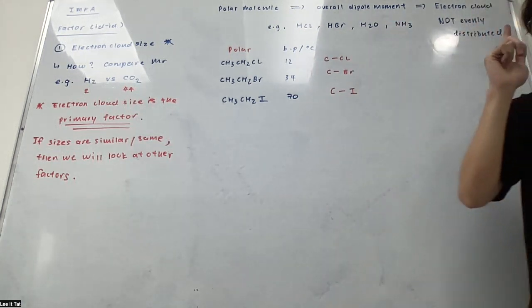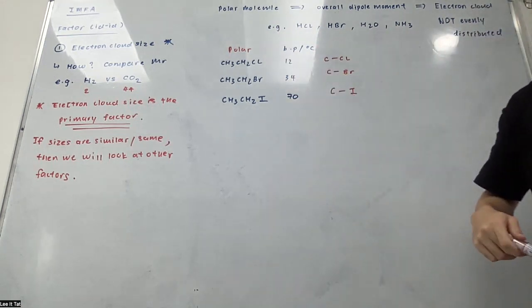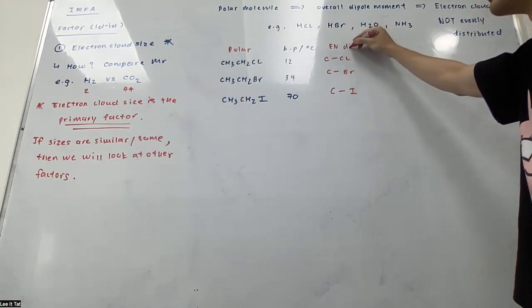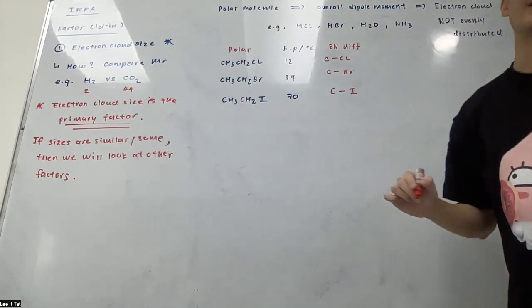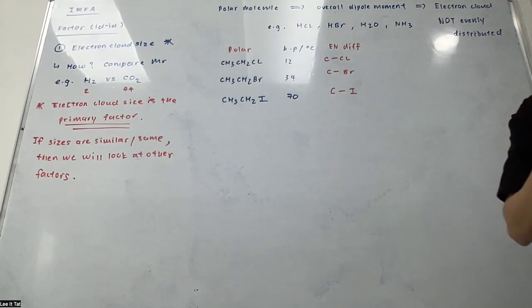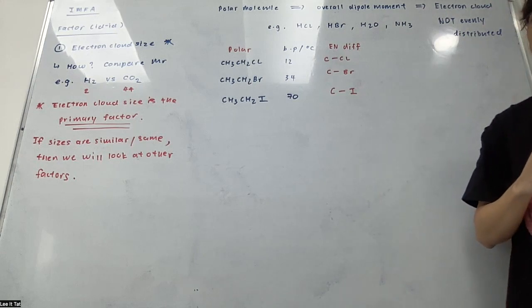But this is what a wrong answer will look like. A lot of people see polar, and they immediately discuss electronegativity difference. Let's see whether they are correct or not. Which is the most polar bond? Basically, the one with the greatest difference in electronegativity.